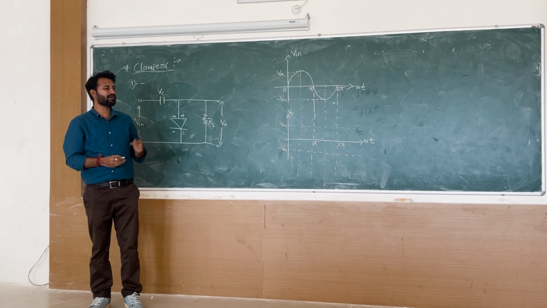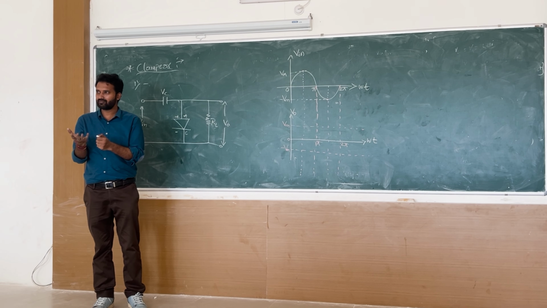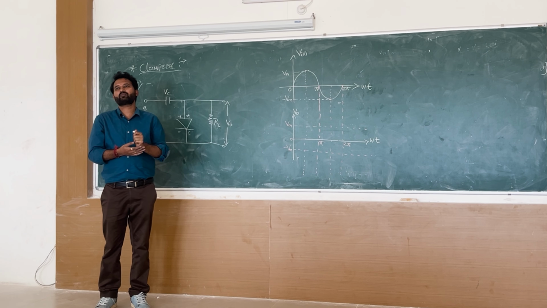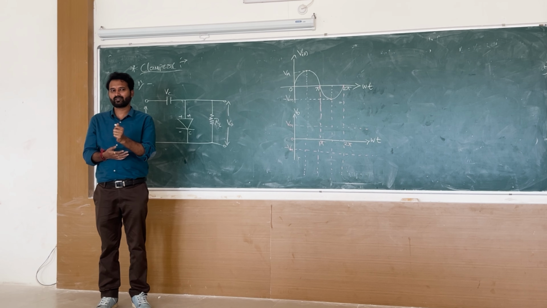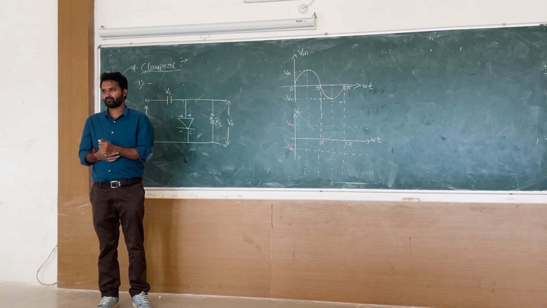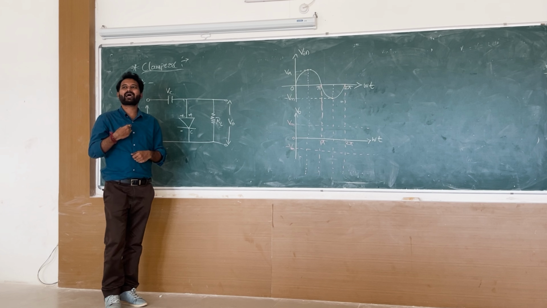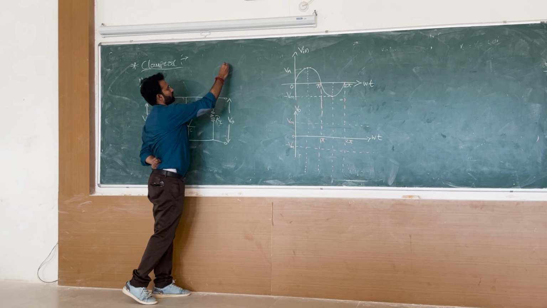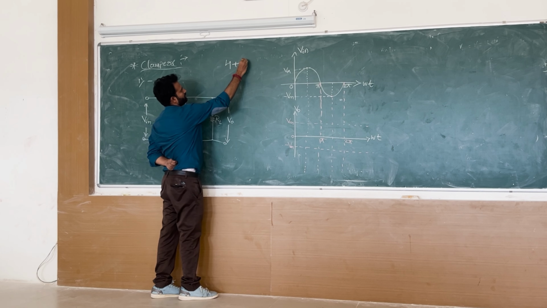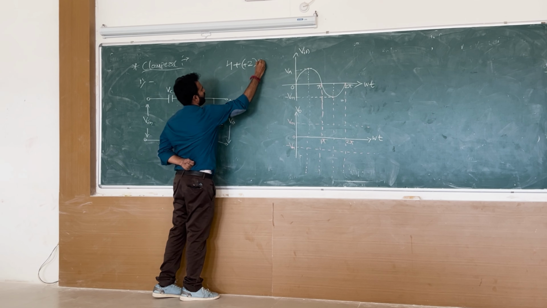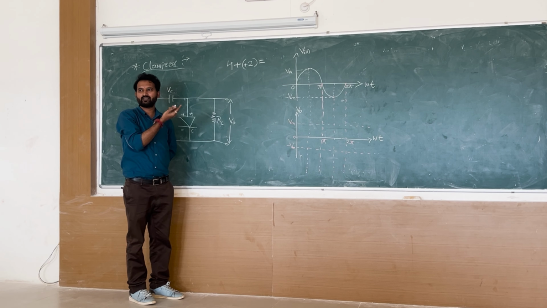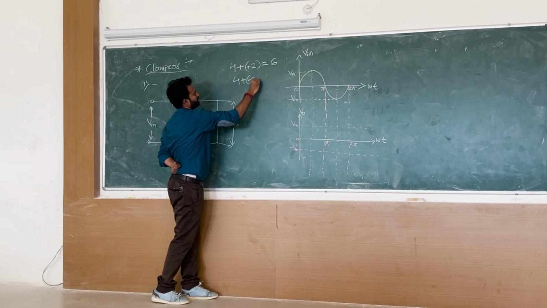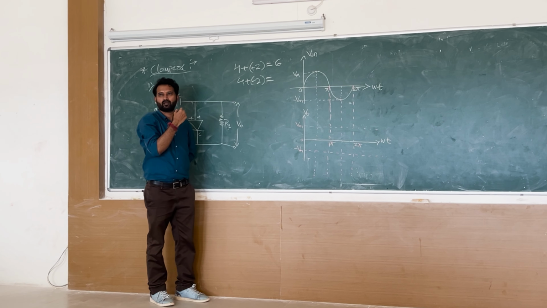Now what do you mean by clamping? Adding a certain DC level to your AC input, that is nothing but clamping. That process is called clamping. Mathematically, focus here: 4 plus 2, how much? 6. 4 plus minus 2, how much is it? 2.